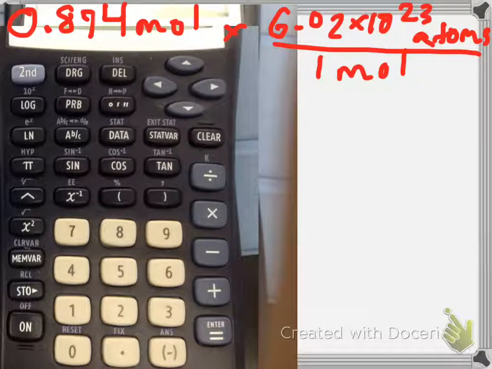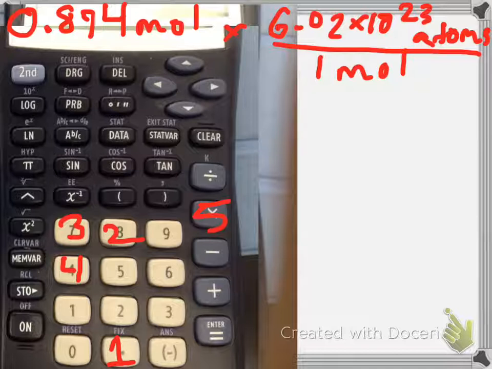Now you may be wondering, how do we actually solve this? What do I put in my calculator to get an answer? So the first thing you're going to do is put your point, and I'm just numbering the keys to push. 8, 7, 4. Okay, then your times sign. Then we have to put in this 6.02 times 10 to the 23rd.